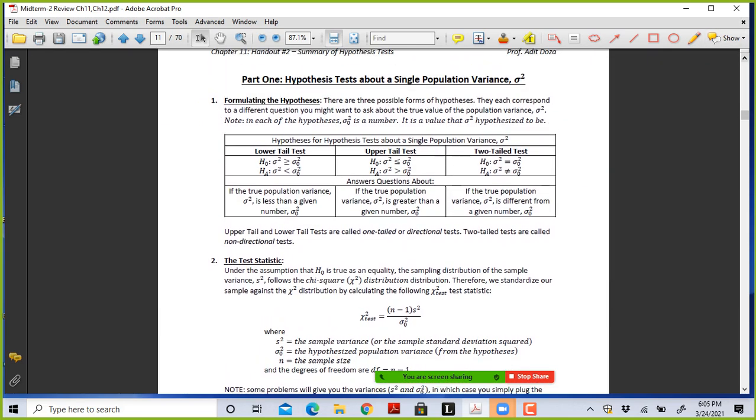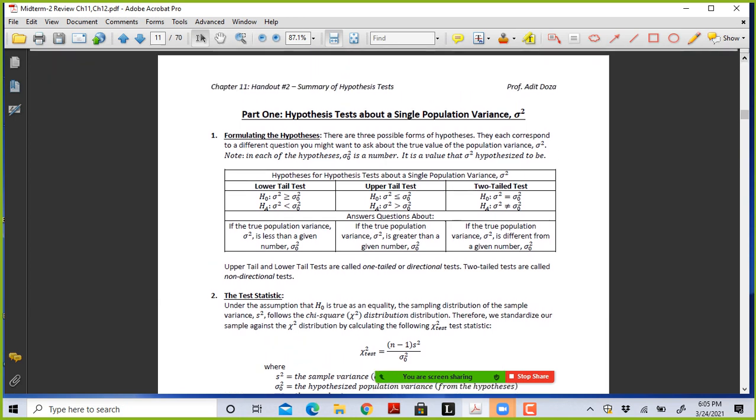The most important thing, this question will be in the midterm 2 exam: hypothesis test about a single population variance. First you need to identify whether it's a lower tail test, an upper tail test, or a two tail test. So how do you know if it is upper tail or lower tail?